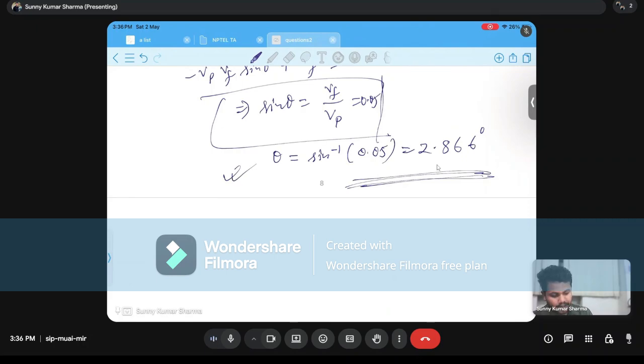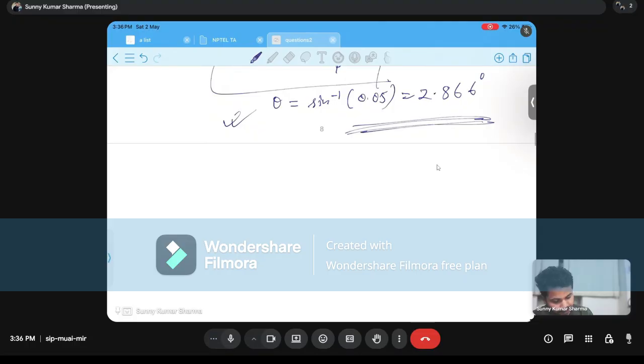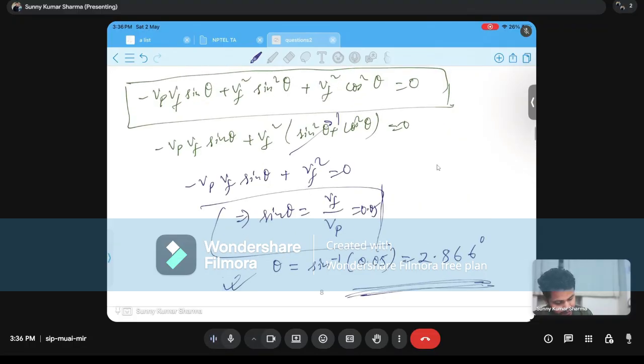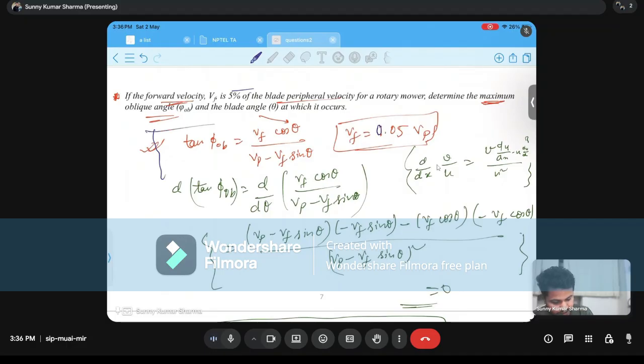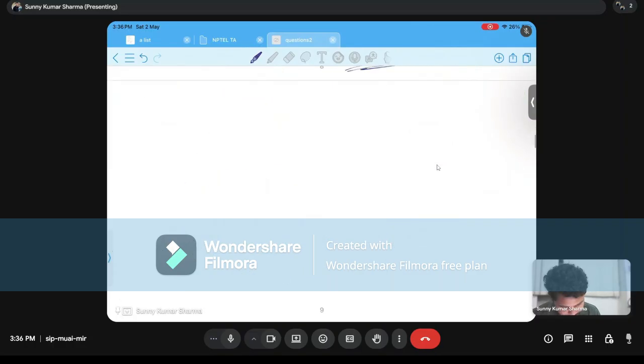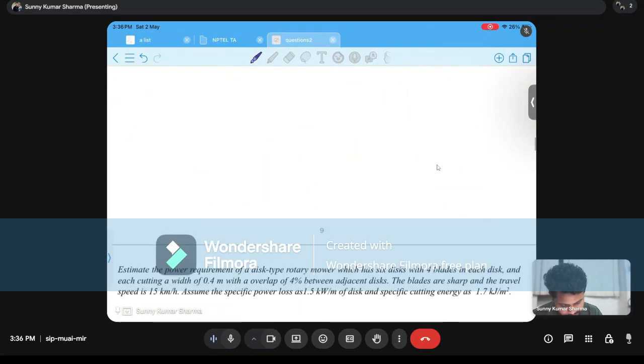And what is the value of that maximum oblique angle? We can find that by putting this theta value in our equation. So tan phi OB is equal to Vf cos theta by Vp minus Vf sin theta.